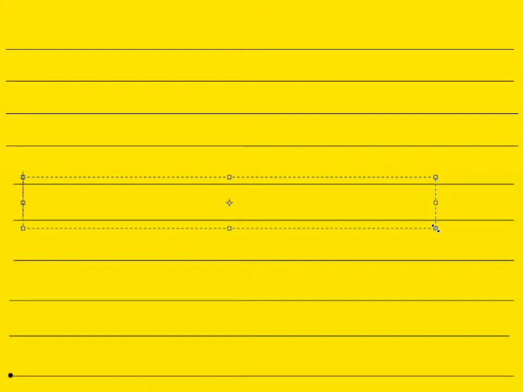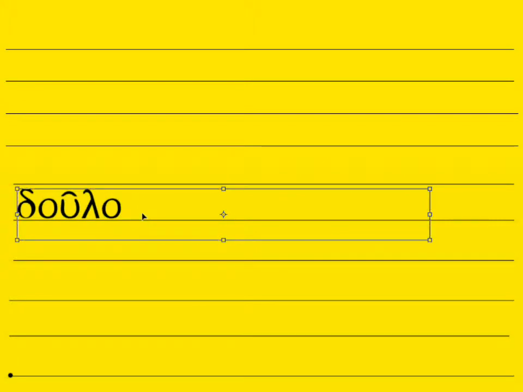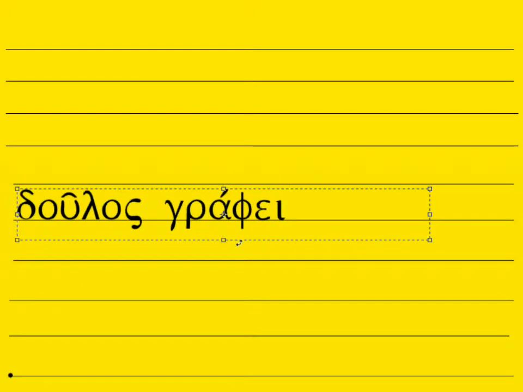So we're going to say doulos, a servant, and now I want to say is writing, and I know that the word is graphe, and you notice the graphe is he writes.